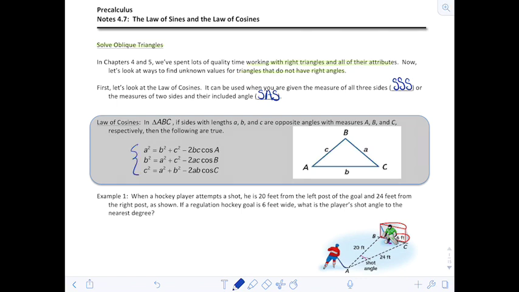If you look at triangle ABC over here, angles A, B, and C, and they have corresponding opposite sides, a, b, and c, it says the following.